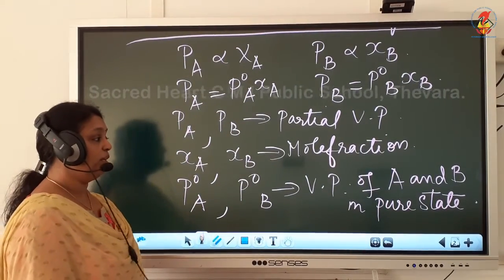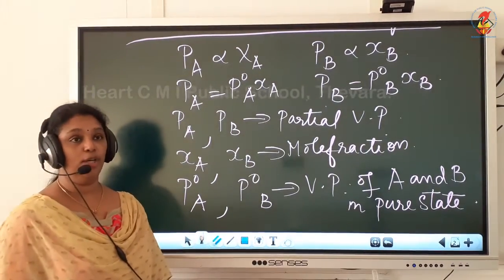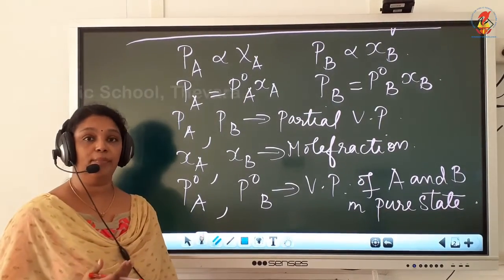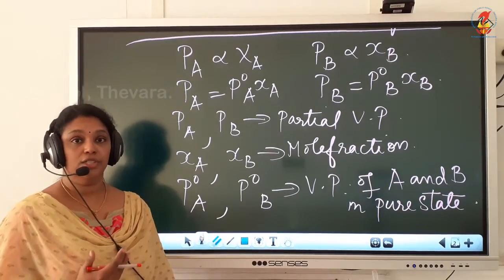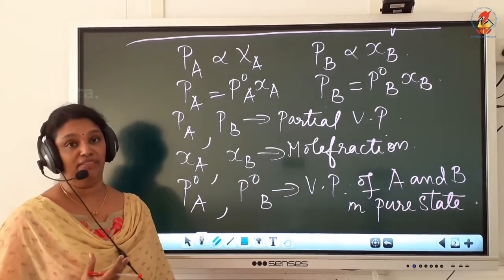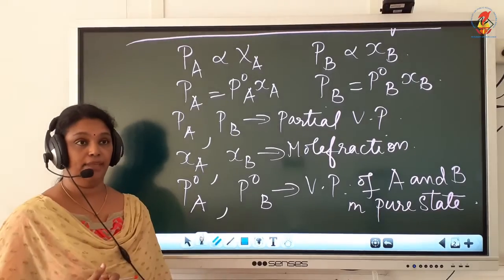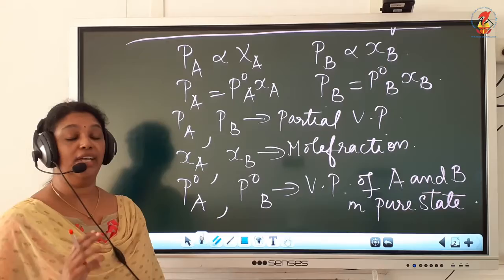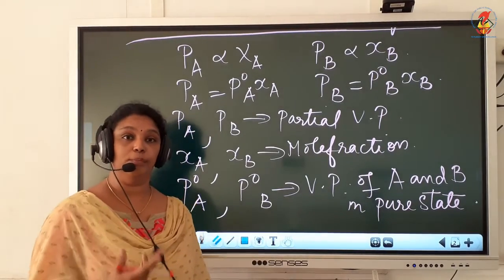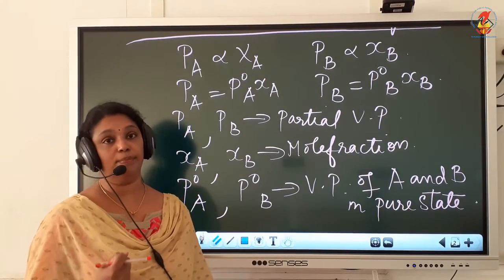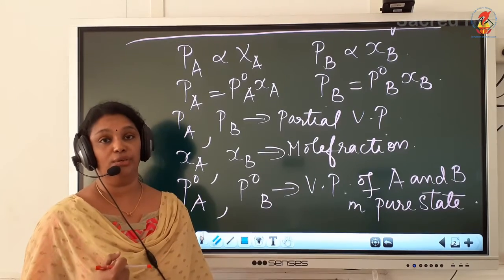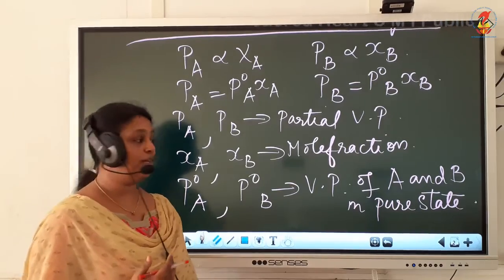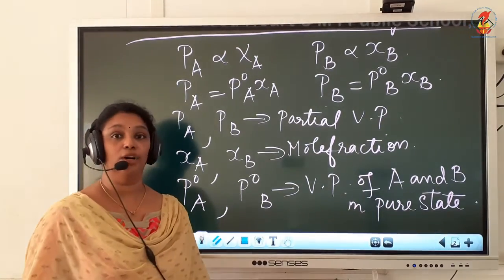What's the meaning of that? Vapor pressure of A and B in pure state. Pure state means, suppose we have only solvent A. Then we have the vapor pressure only from A. So that is the vapor pressure of pure solvent, denoted by P naught A. And we have the solute B. Suppose we have only solute B, then we have the vapor pressure from pure solute B, denoted by P naught B. So P naught A and P naught B are the vapor pressures of A and B in pure state.